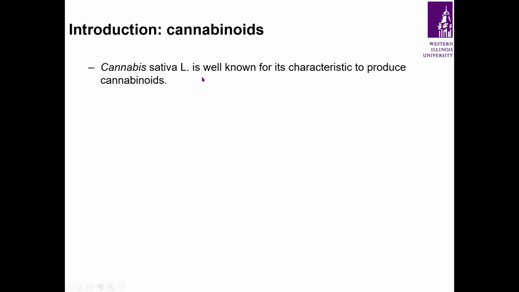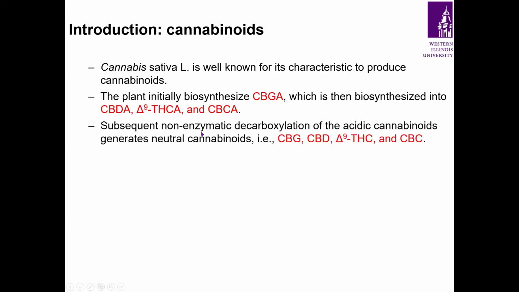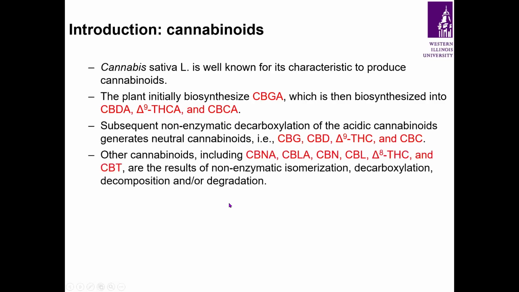Cannabis sativa L. is well known for its characteristic of producing cannabinoids. The plant initially biosynthesizes CBGA, which is then biosynthesized into CBDA, delta-9 THCA, and CBCA. Subsequent non-enzymatic decarboxylation of the acidic cannabinoids generates neutral cannabinoids: CBG from CBGA, CBD from CBDA, delta-9 THC from delta-9 THCA, and CBC from CBCA.